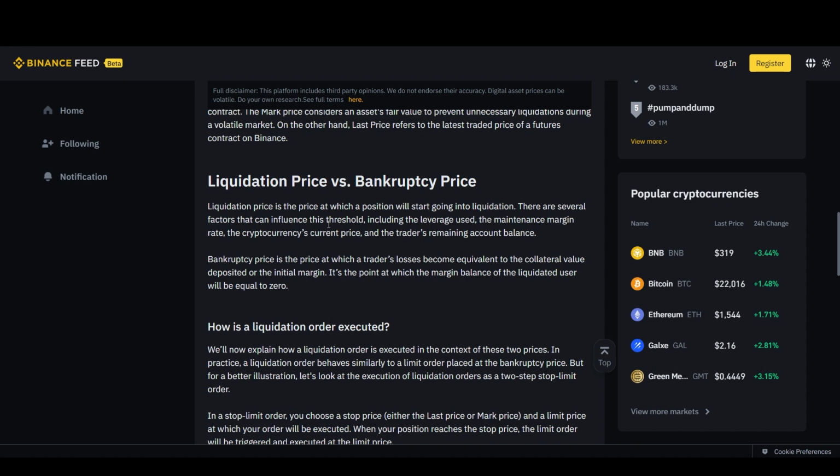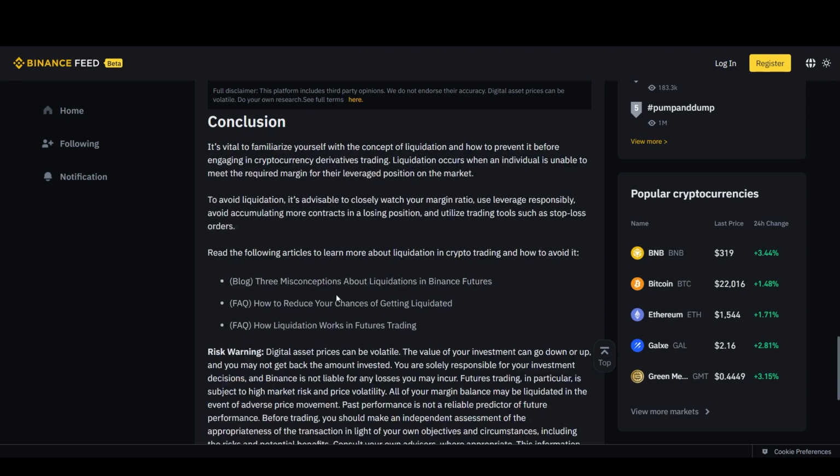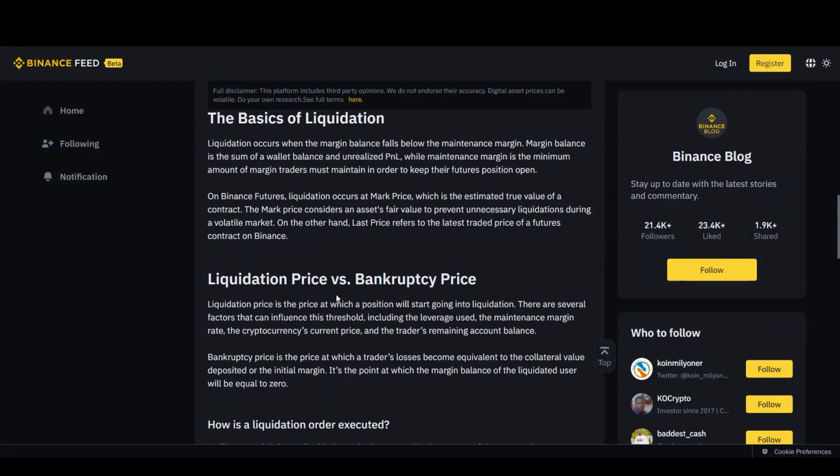There are several factors that can influence the threshold, including the leverage mode, the maintenance margin, and crypto price. Bankruptcy price is the price at which the trader's losses become equivalent to the collateral value deposited, or the initial margin. It's the point at which the margin balance of the liquidated user will equal 0. What does this mean?